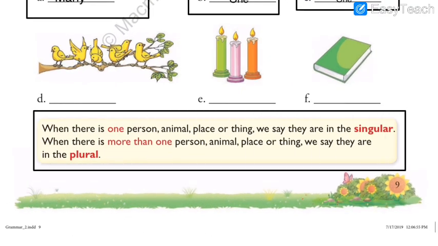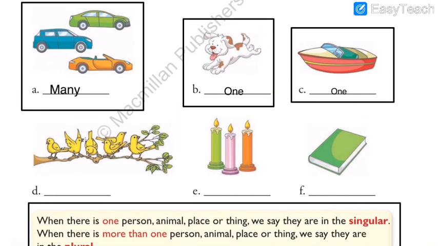In the box: when there is one person, animal, place or thing, we say they are in singular. When there is more than one person, animal, place or thing, we say they are in plural. So students, cars are in plural, whereas dog and boat are in singular.